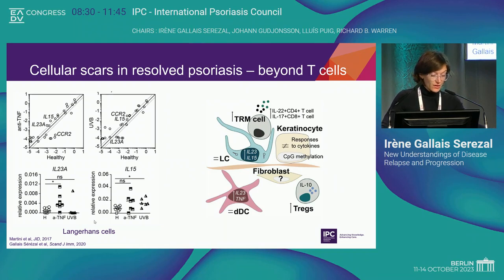Here you have an example of Langerhans cells that after TNF treatment still express more IL-23, and after UVB treatment still express more IL-15. And you also have epigenetic memory that I didn't go into today, and dermal disease, and also an increase of IL-10 producing Tregs. And fibroblasts, we don't know yet, probably doing things as well.